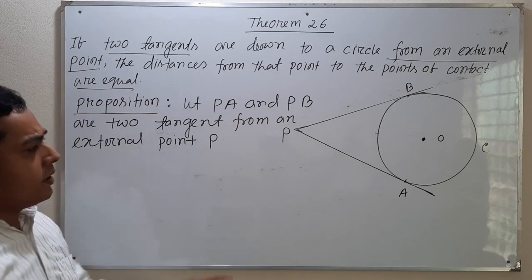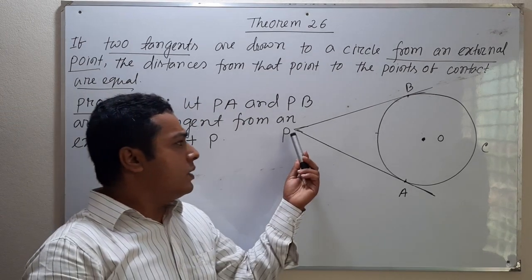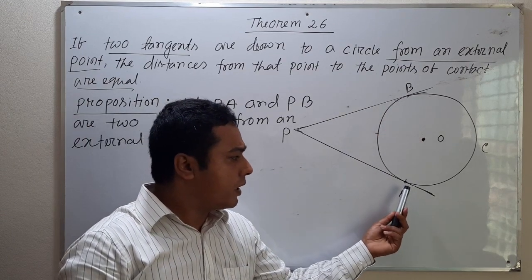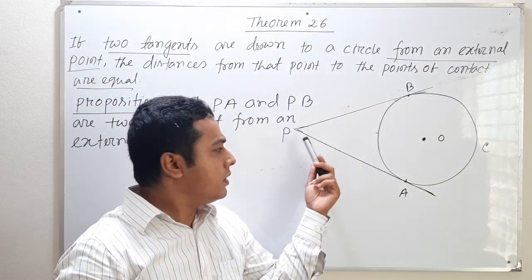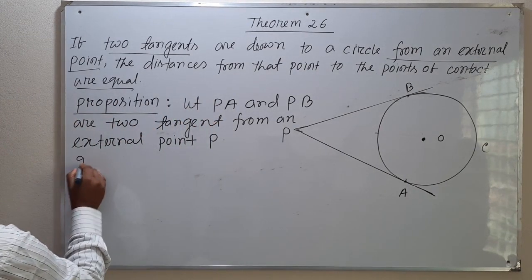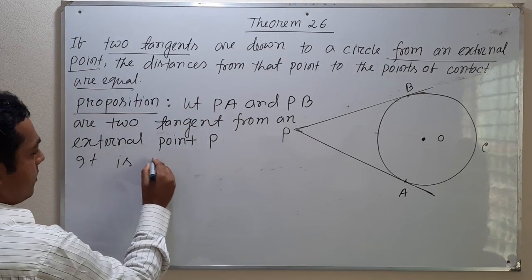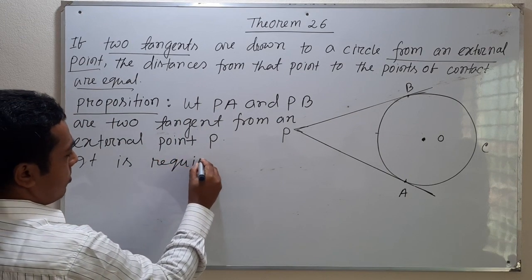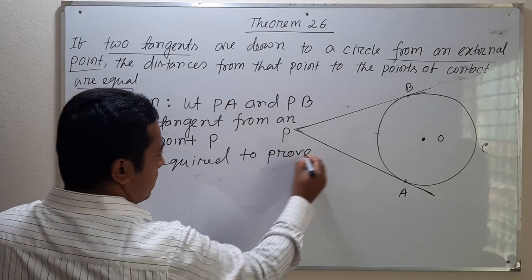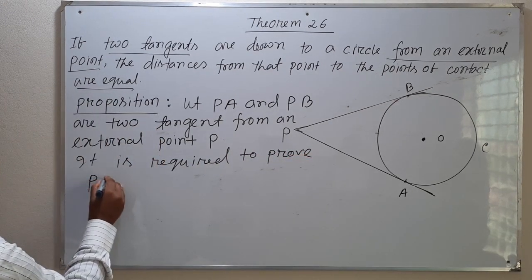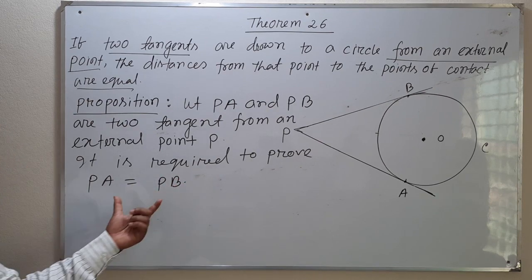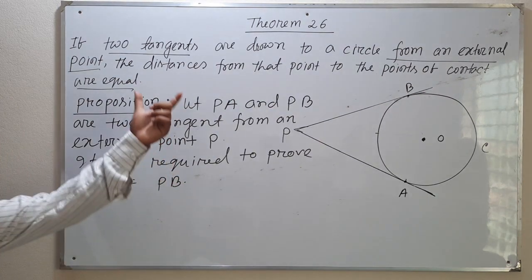That means the distances PA and PB, to the two points of contact A and B, will be equal. Okay, it is required to prove PA is equal to PB. This is our proof of this theorem.